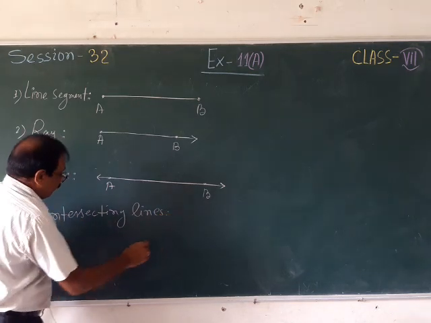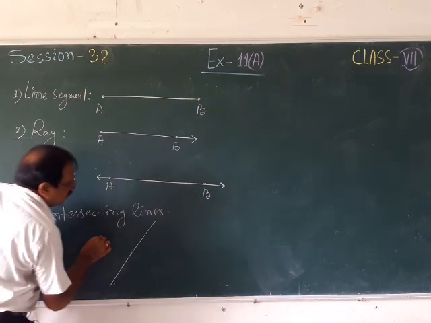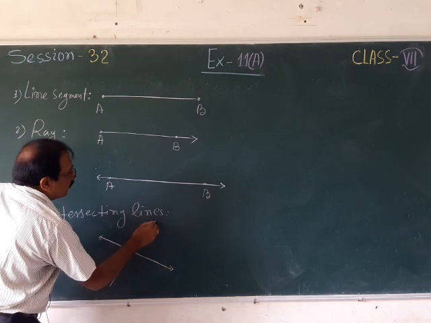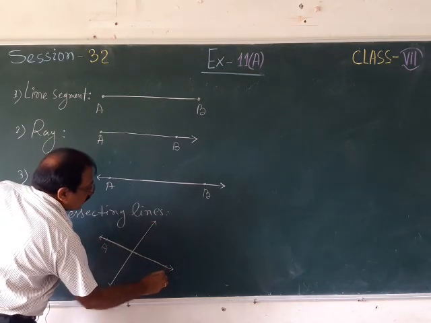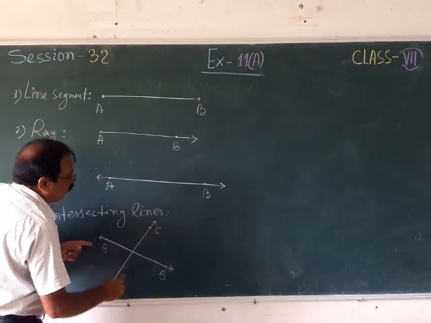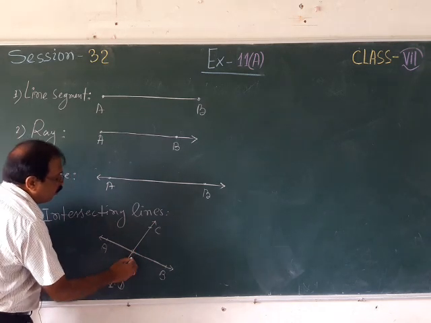Intersecting lines means if you are drawing 2 lines, suppose, see, I have drawn 2 lines here. Suppose the name of this line is AB and the name of this line is CD, and both are intersecting, that means meeting at a point, crossing at a point.